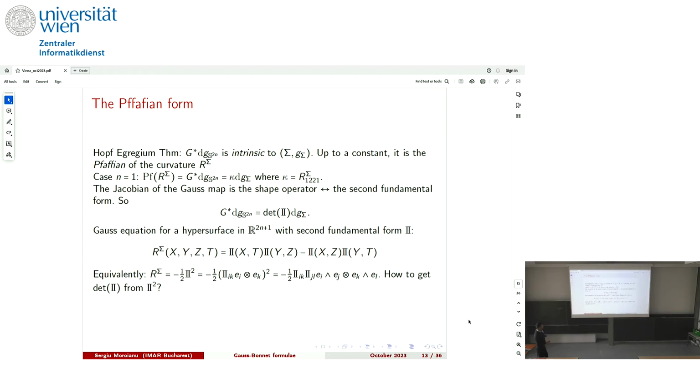So what do I mean by the square of the second fundamental form? Well, upper and lower indices are the same for me because we're in Riemannian geometry. So the second fundamental form is this tensor, and I look at its square in the sense that this is an element in a tensor product of Grassmann algebras, or exterior algebras.